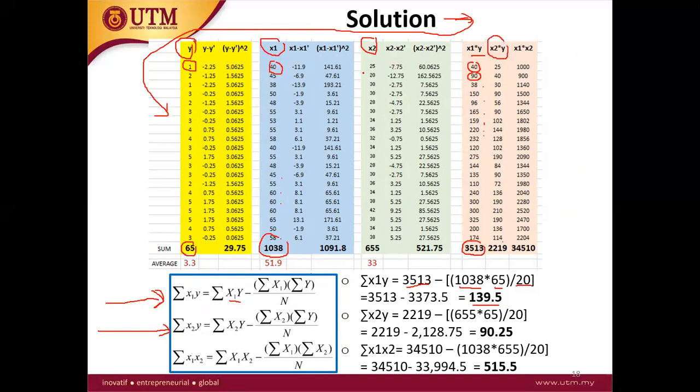So x2 here 25 times 1, you get 25. 20 times 2, you get 40. 30 times 1, you get 30, and so on. So the total of x2 times y, you get 2219.